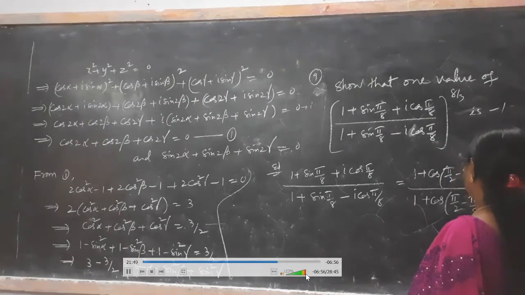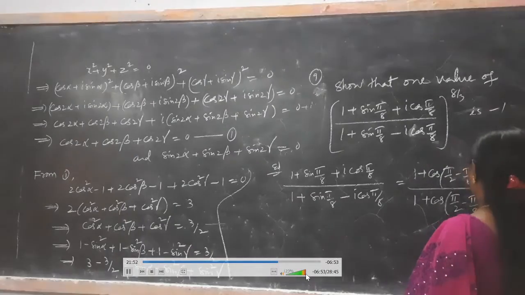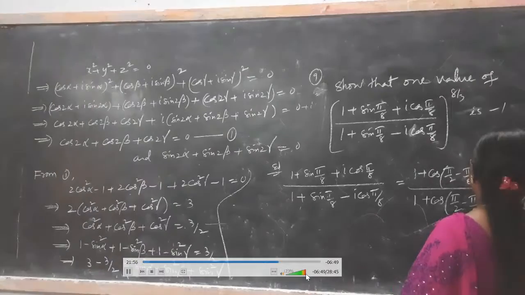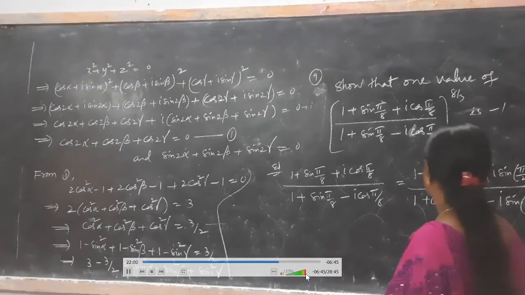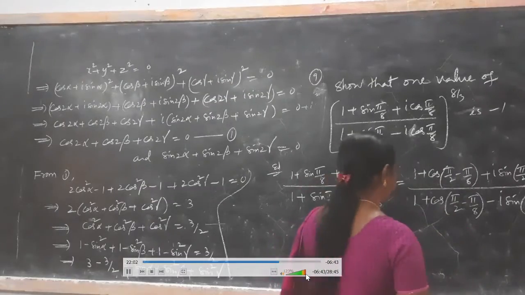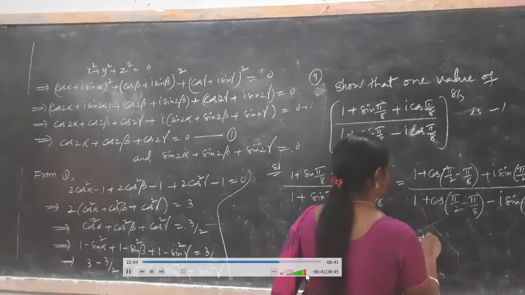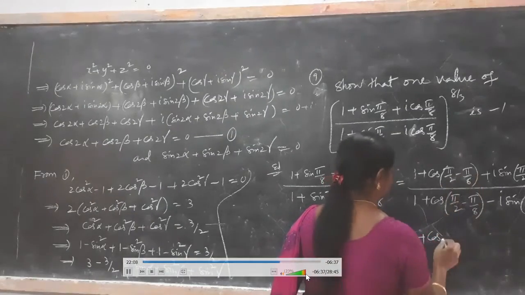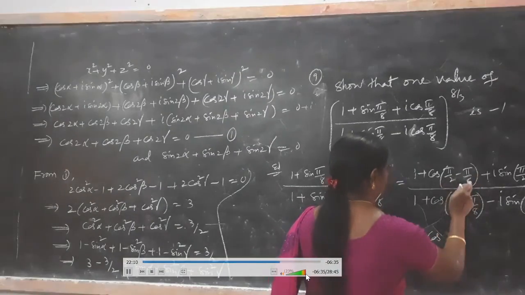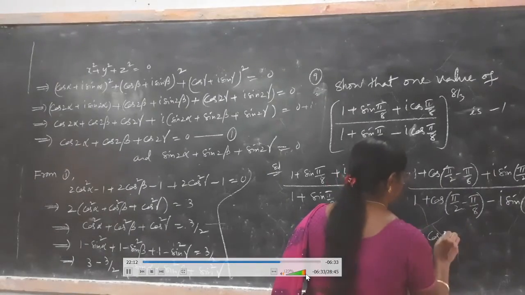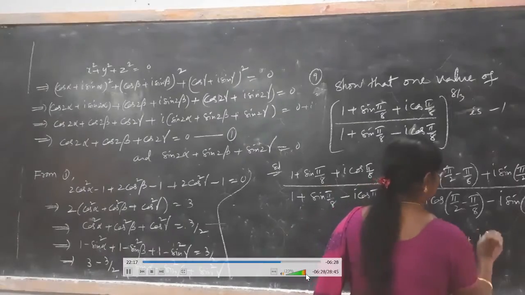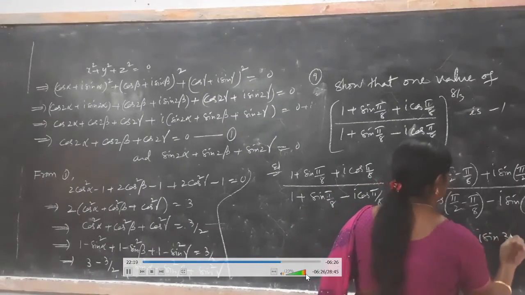Okay, see, here is minus, so cos theta is sin pi by 2 minus pi. Now simplify this. So this is 1 plus cos pi by 2 minus pi by 8, that is 4 pi minus 3 pi by 8, plus I sin 3 pi by 8.